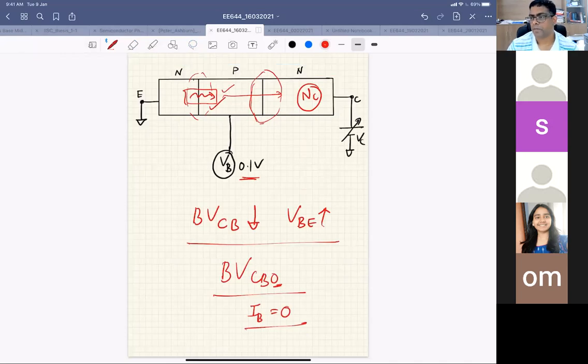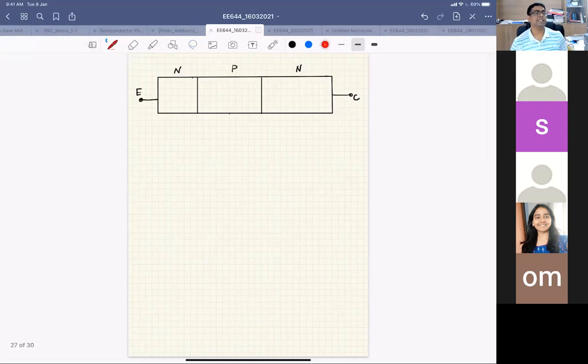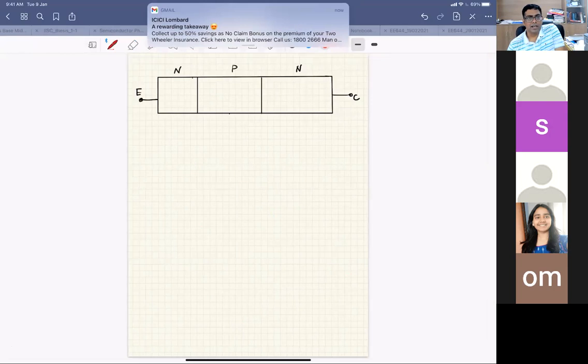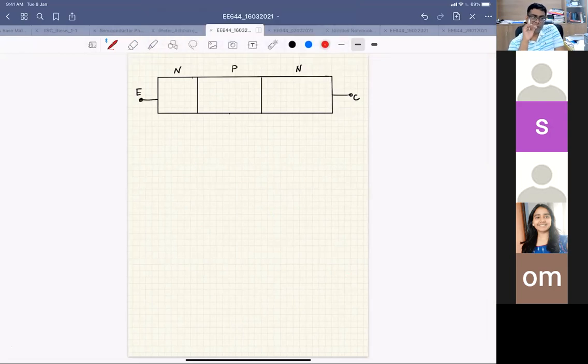Okay, so this is BVCBO, and then we'll go to BVCEO. BVCEO is an interesting concept, because when you are operating in the common emitter configuration, the output voltage is VCE.